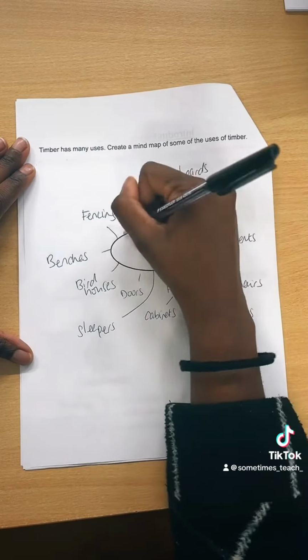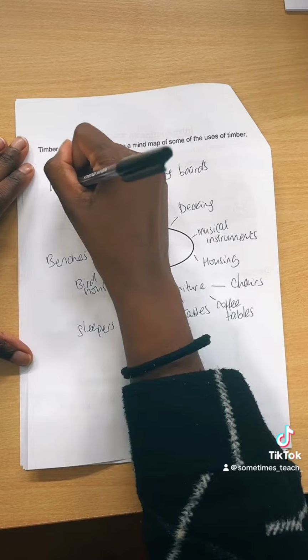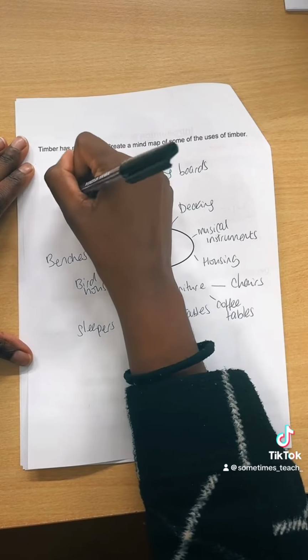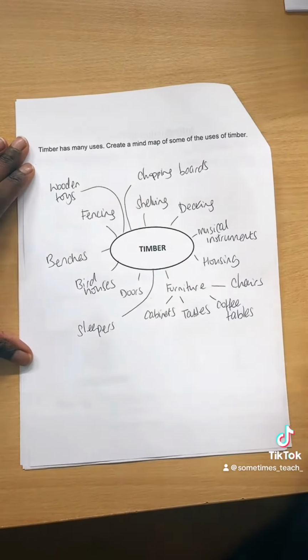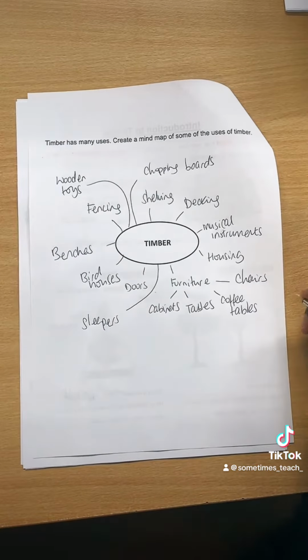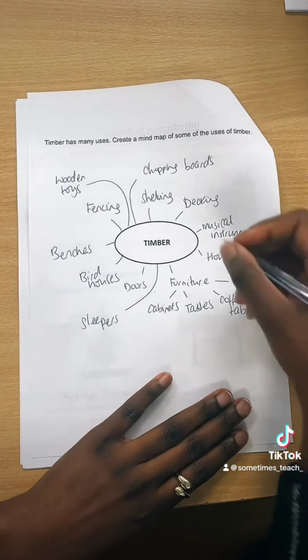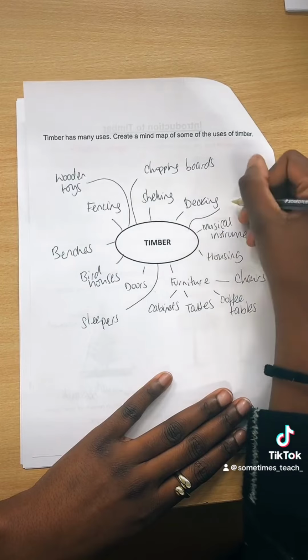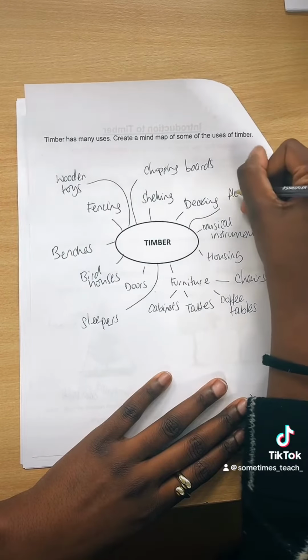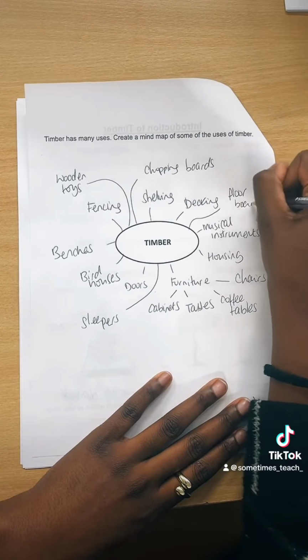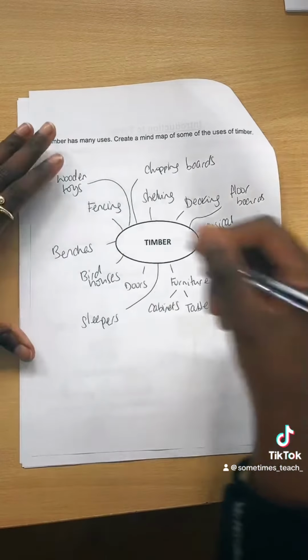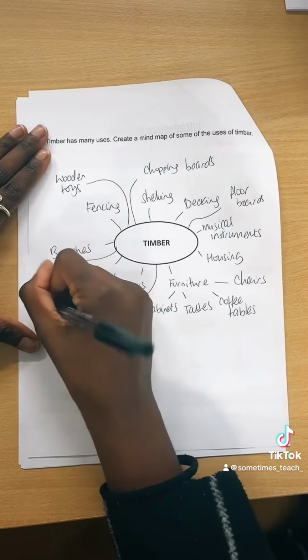Wooden toys, let's have 2 more. Floorboards, good one. And 1 more. Serving trays, thank you, well done everyone.